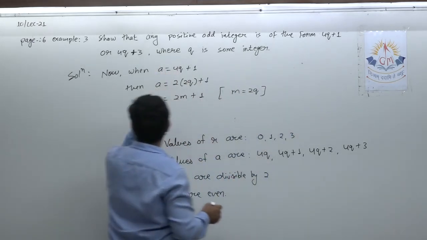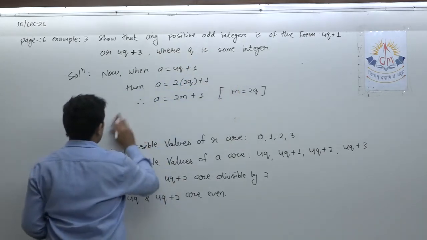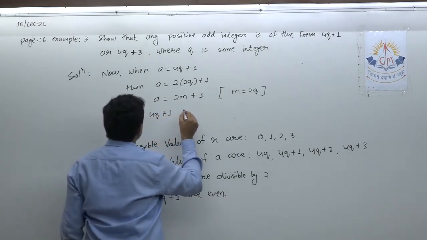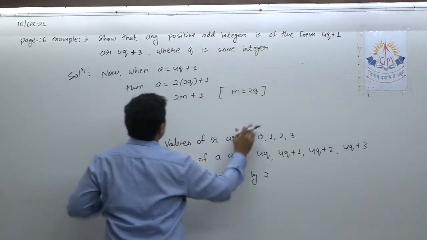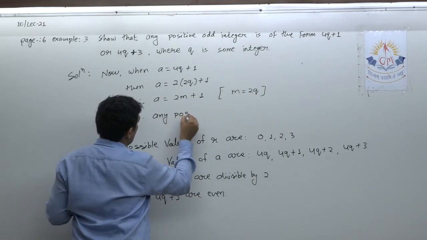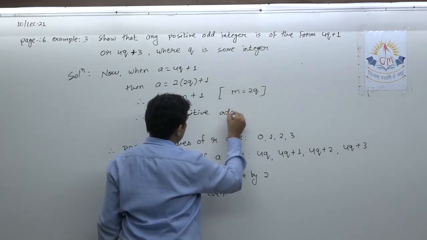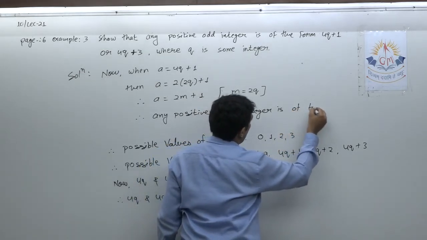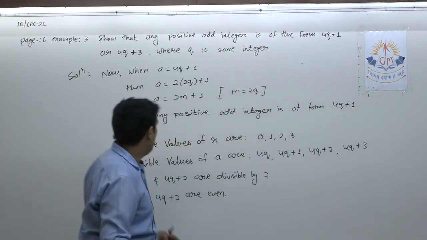So I can write, in the format in which it is given in the question, therefore any positive odd integer is of the form 4q plus 1, because this is an odd number.